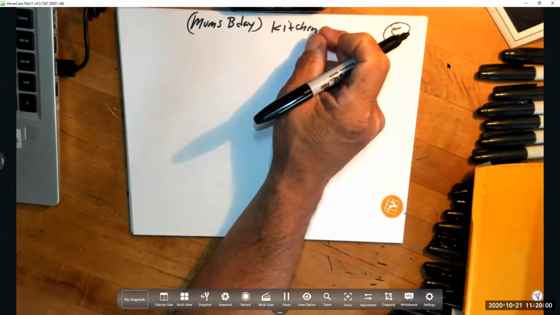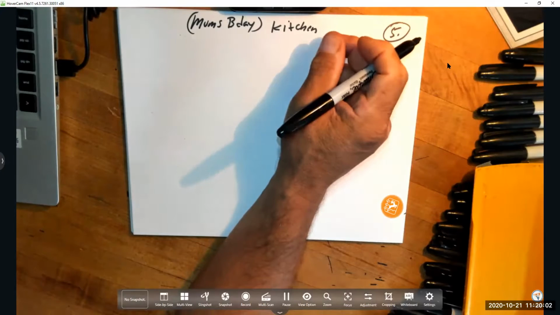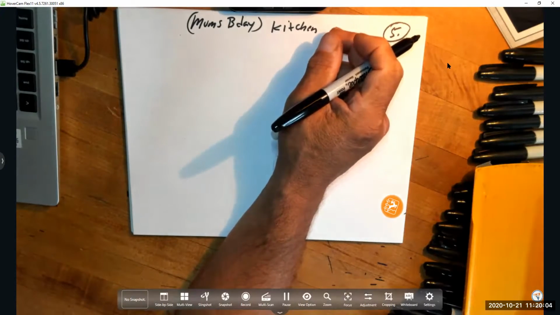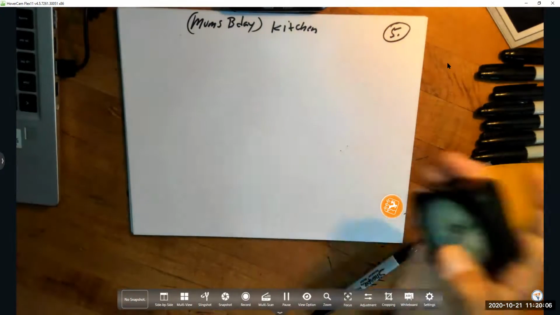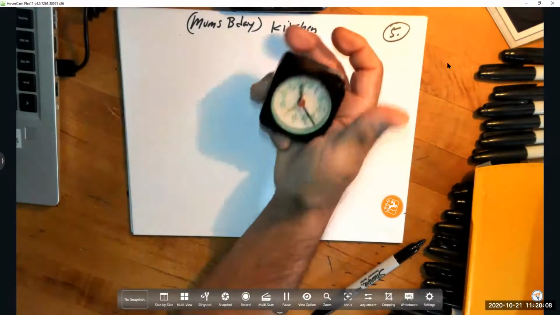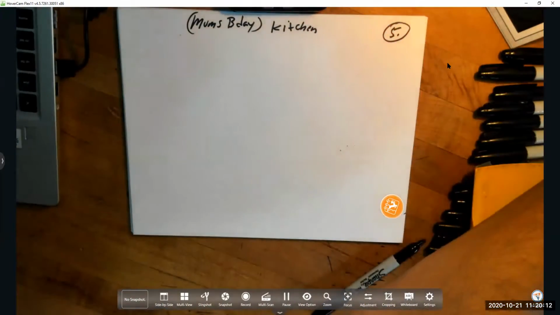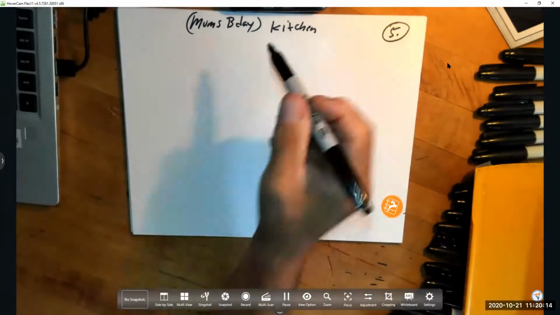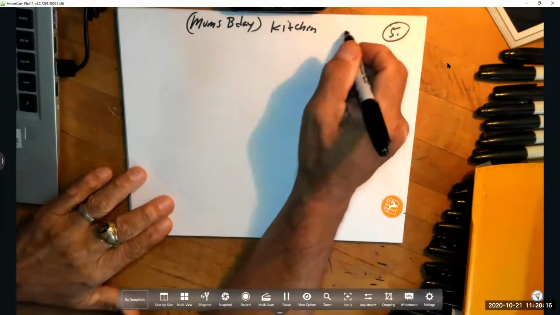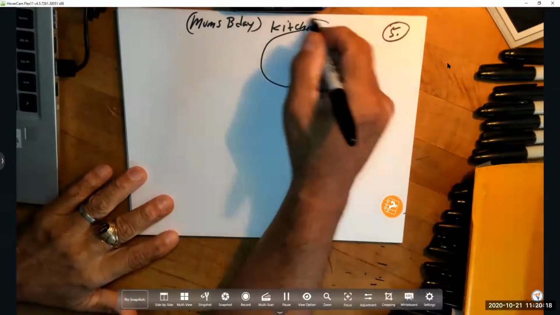I don't like it. I said, okay, well, what do you want? She goes, I want a giant clock. She has a little clock, real small, on top of the refrigerator. She says, I don't like that clock. She says, in the kitchen, I want you to buy me a giant clock like this.